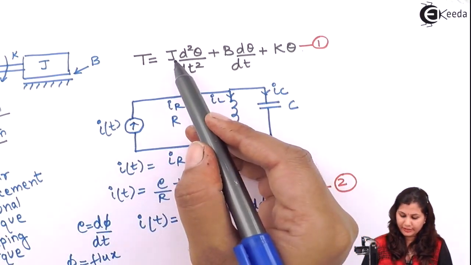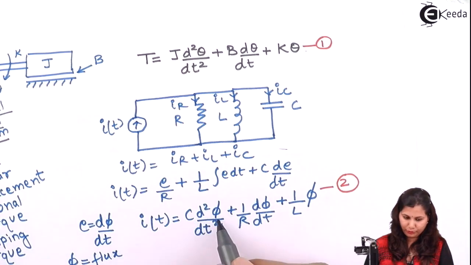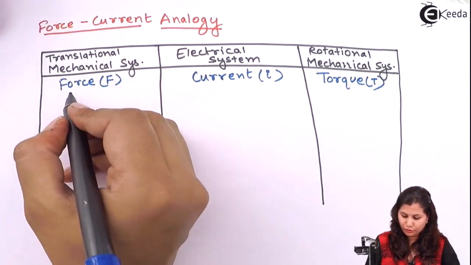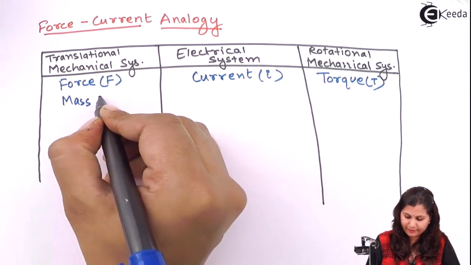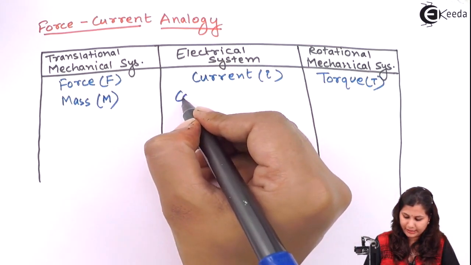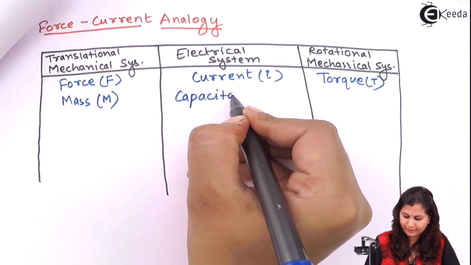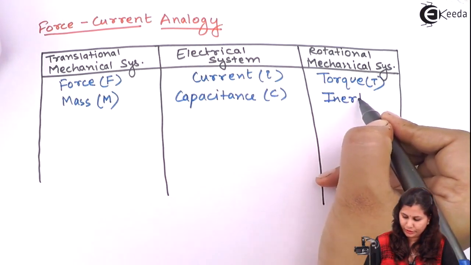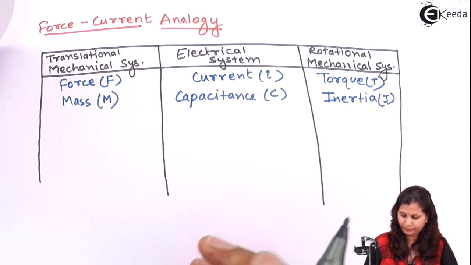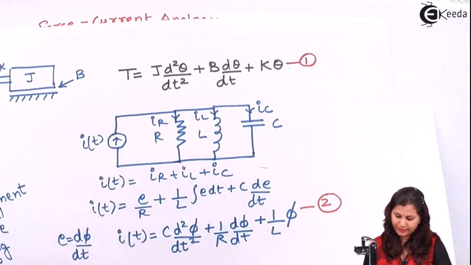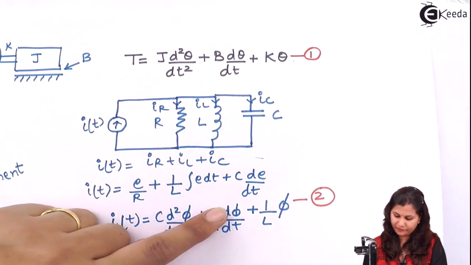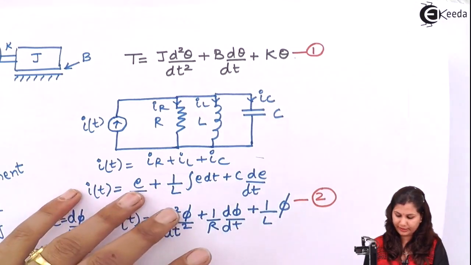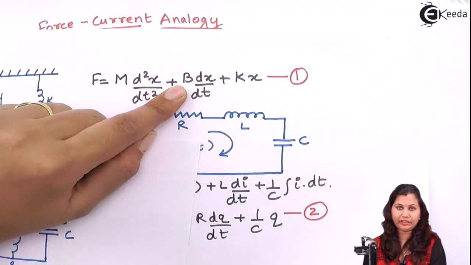Again, we have the moment of inertia, which will be equal to the capacitance, and here it will be equivalent to mass. So for the translational mechanical system, we have mass m, which is equal to capacitance C, and here it is equivalent to inertia J. Now again compare this: we have d theta by dt, here we have d phi by dt. So the damper will be equivalent to the reciprocal of resistance, and here also we have a damper.